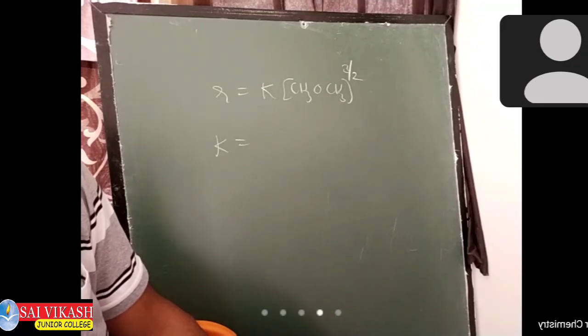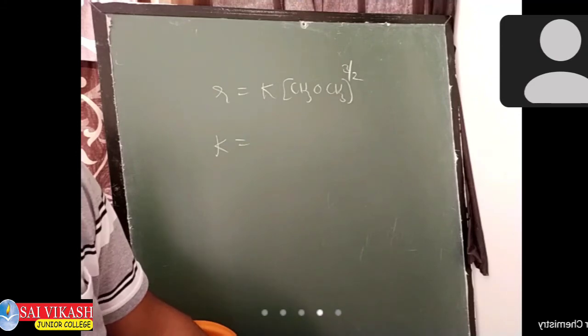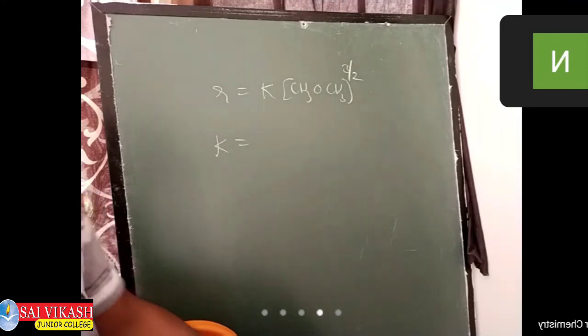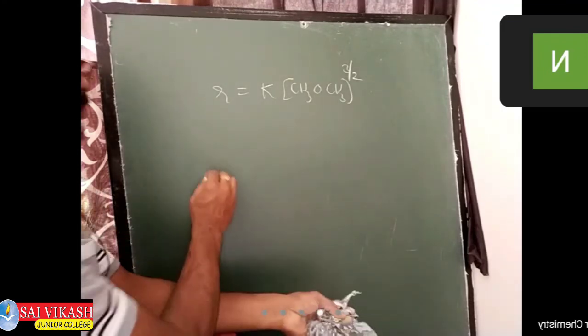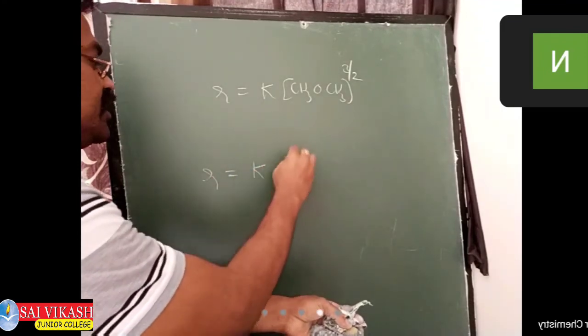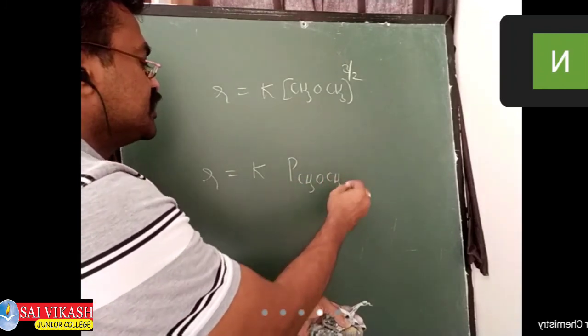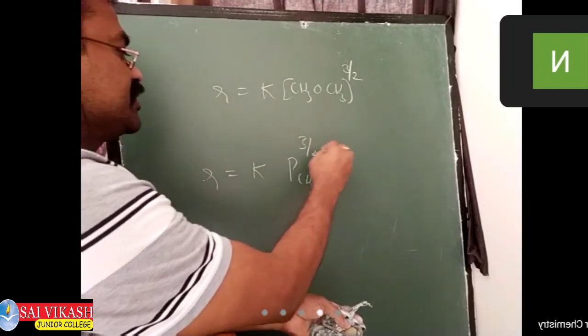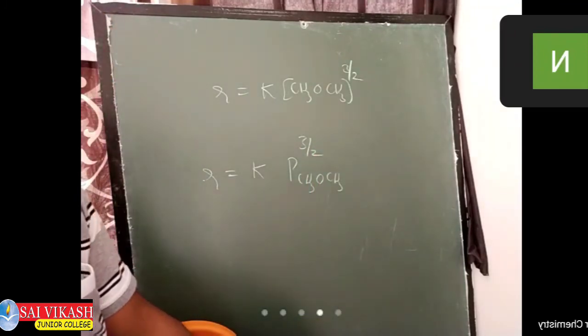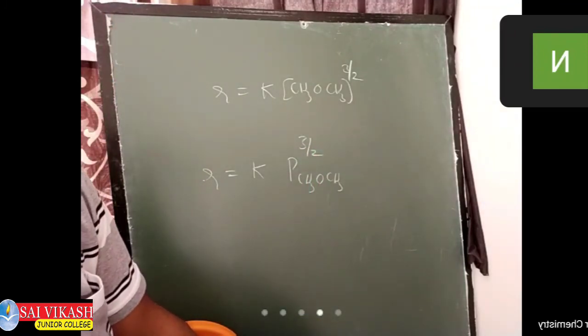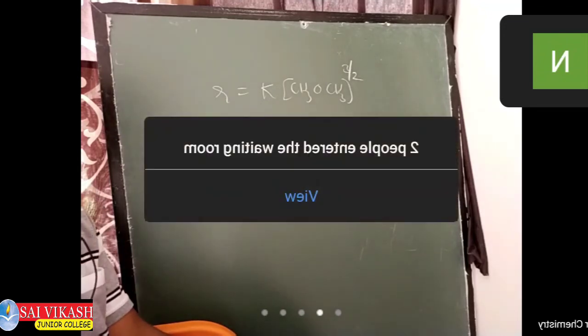The rate of reaction is followed by the increase in pressure in a closed vessel, so it can also be expressed as R equal to K into the partial pressure of CH3OCH3 power 3 by 2. So if the pressure is measured in bar and time in minutes, what are the units of the rate constant?